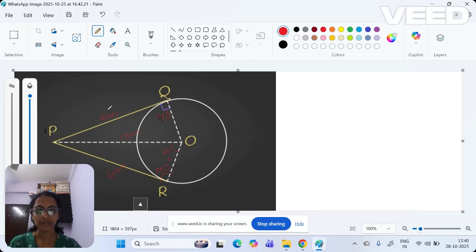If we consider the triangle PQO, PO is the hypotenuse. So by Pythagoras theorem, PO square will be equal to the addition of the squares of the two sides. One of the sides is PQ, so PQ square plus QO square.